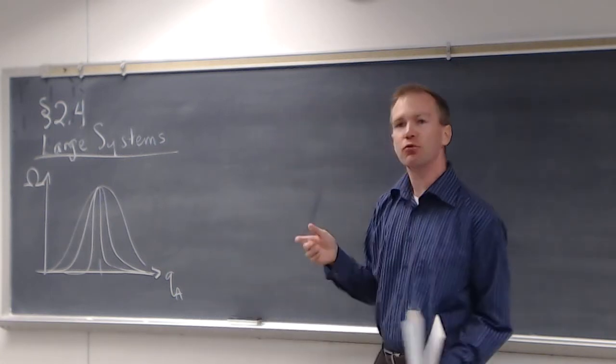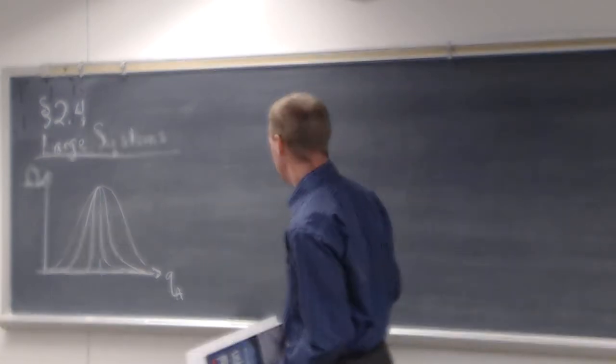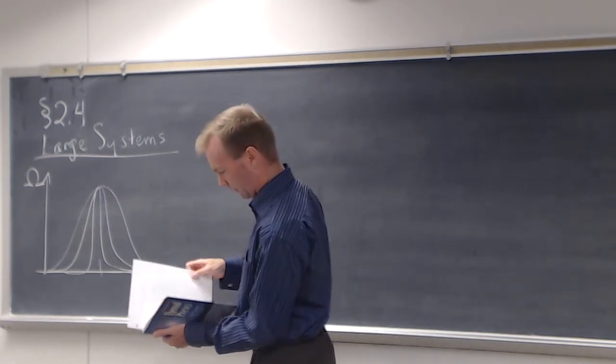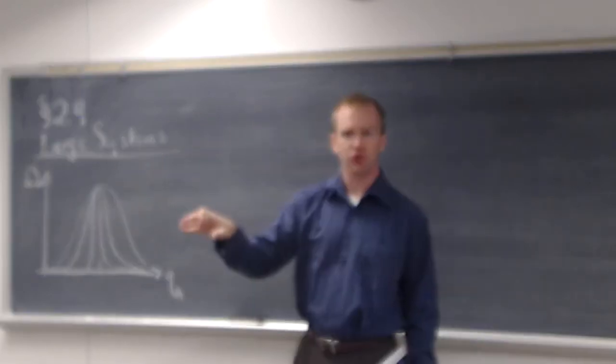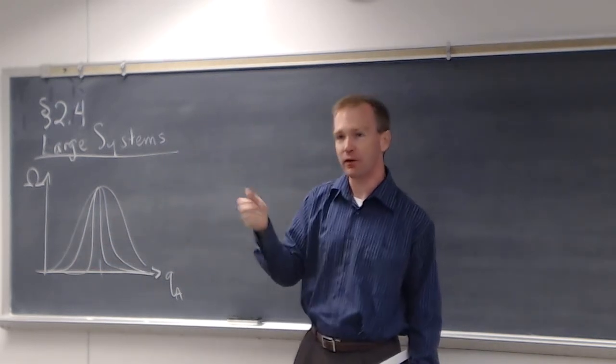Okay, so how do we deal with the numbers when we get into these very large systems? We've got to make a distinction between small numbers, large numbers, and the appropriately named very large numbers.